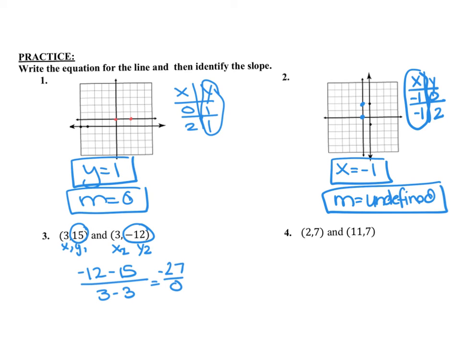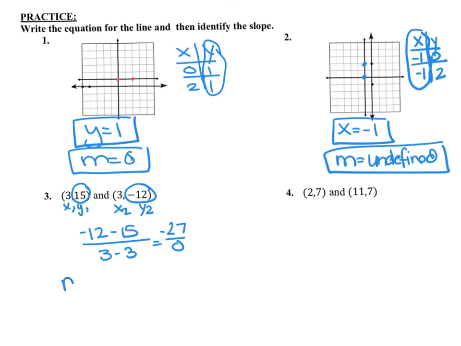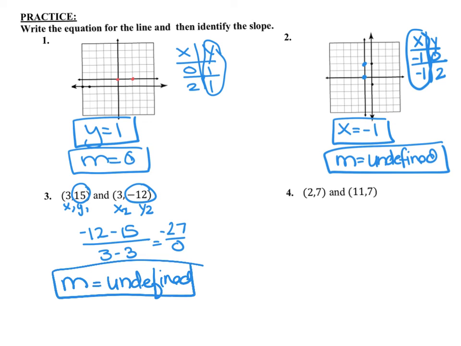Now notice you have 0 on the bottom. So right now we know that we have an undefined slope. So we have m is equal to undefined. And then let's determine the pattern here. In every case, x is going to be equal to 3. So that's our equation there.